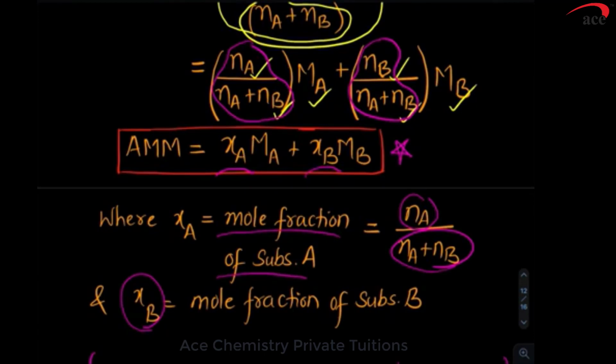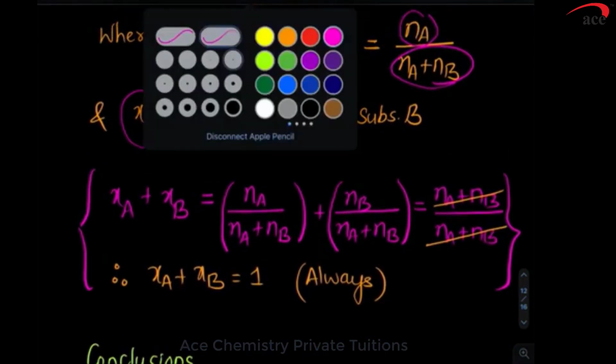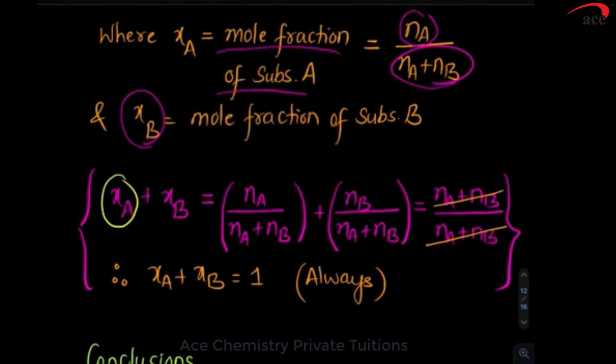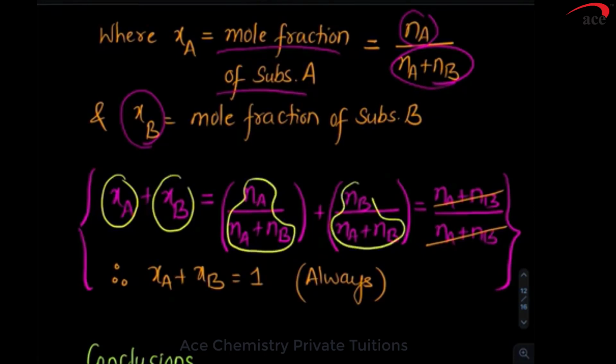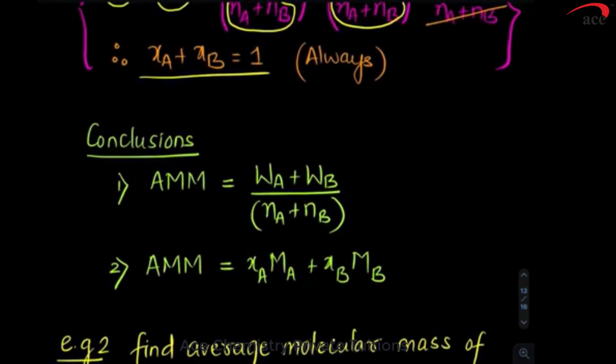So, we have got another formula of average molecular mass. Mole fraction of A is moles of A divided by total moles, mole fraction of B is moles of B divided by total moles. If you find it out, you will find the sum of mole fractions is always 1.